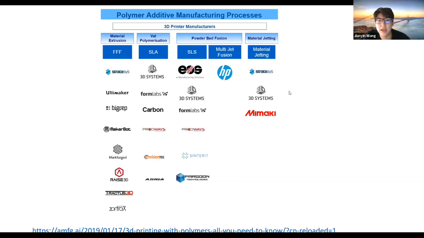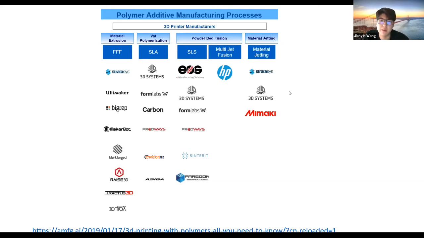Also, since SLA materials are sensitive to UV light, their mechanical properties can change due to overexposure to sunlight, thus making them unsuitable for outdoor use.